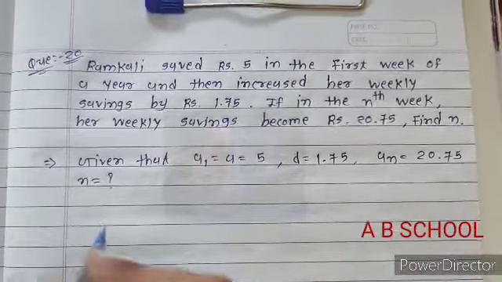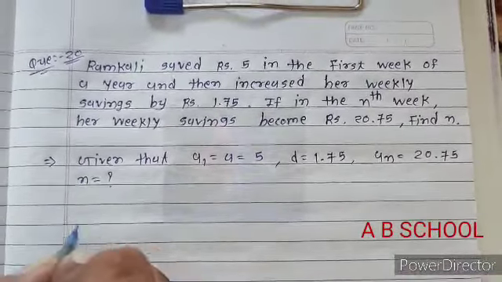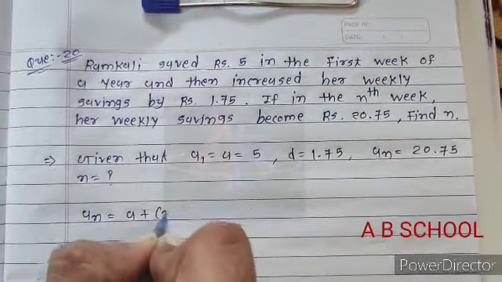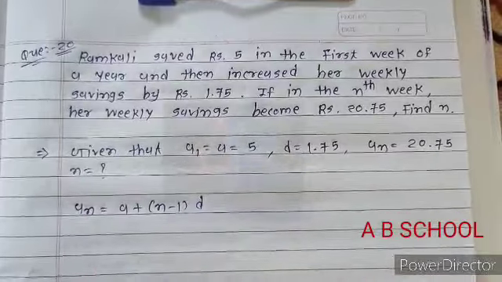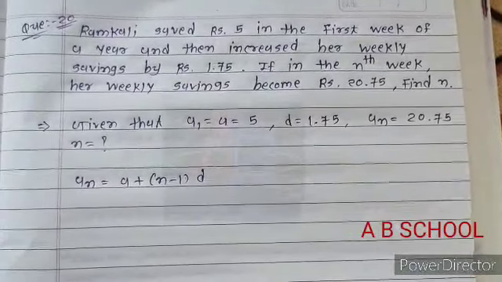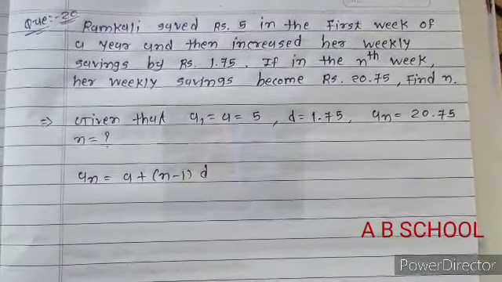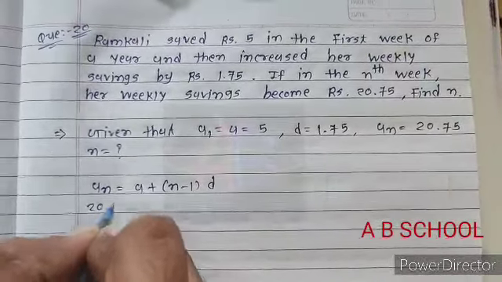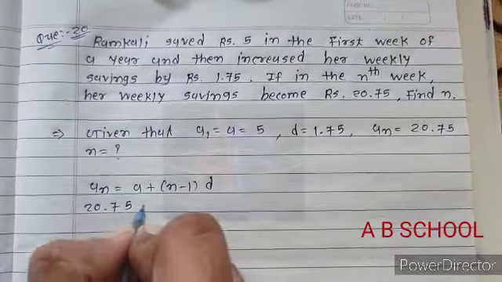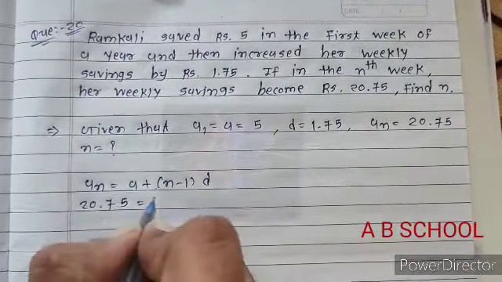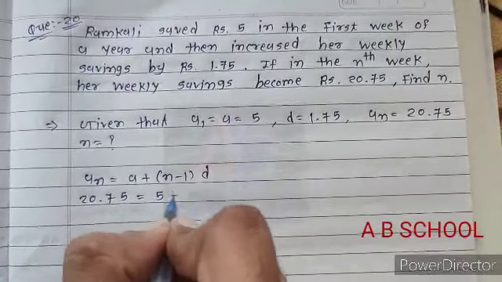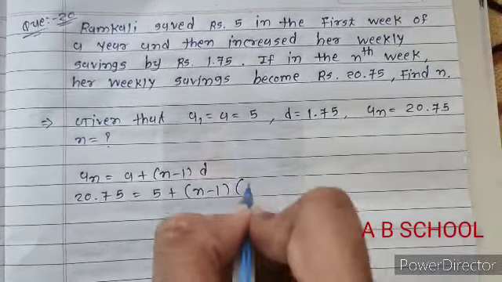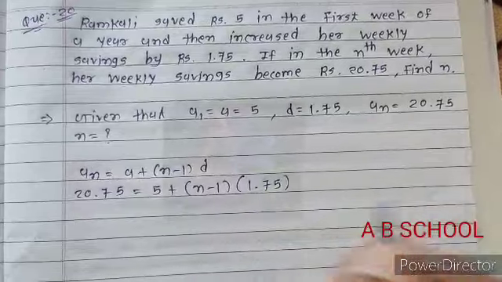Okay, so by using the general form of AP, AN is equal to A plus n minus 1 into D. Value of AN, 20.75, is equal to value of A, 5, plus n minus 1 and common difference D, 1.75.